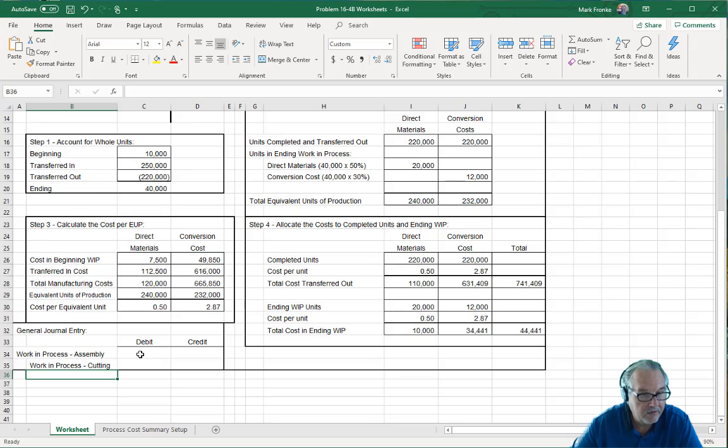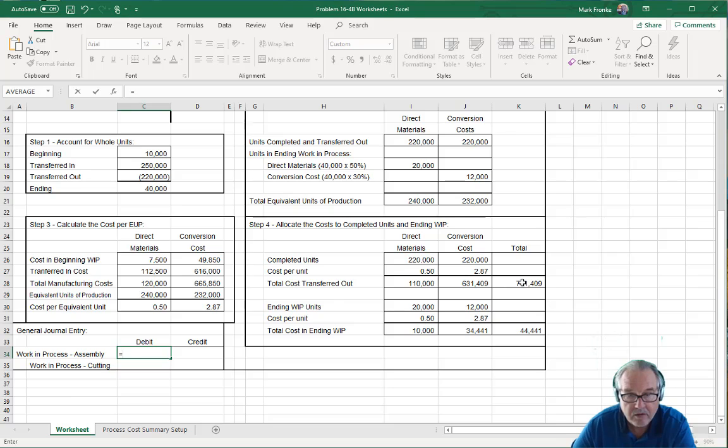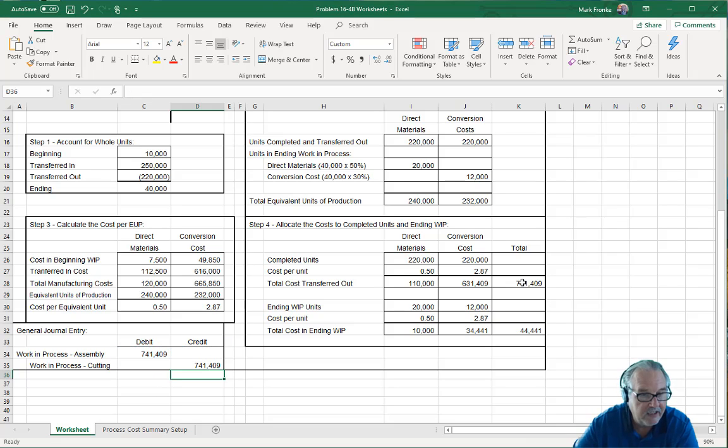And I'm going to debit the assembly department, which is going to make it go up, and credit the cutting department to make it go down. So this is the journal entry to record transferring these costs out of the cutting department and into the assembly department.